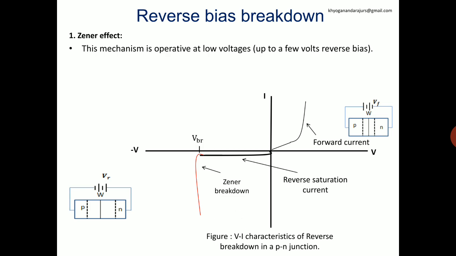When the device reaches the breakdown voltage, the reverse saturation current starts to increase sharply, and that we call a reverse breakdown for that particular breakdown voltage.